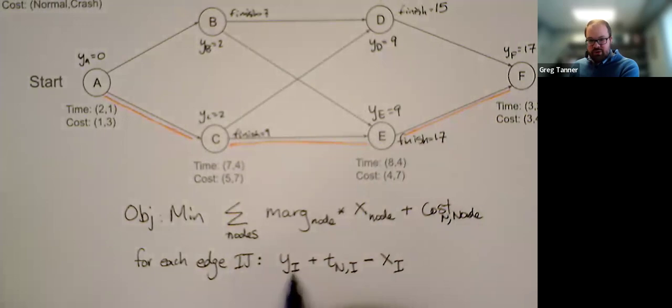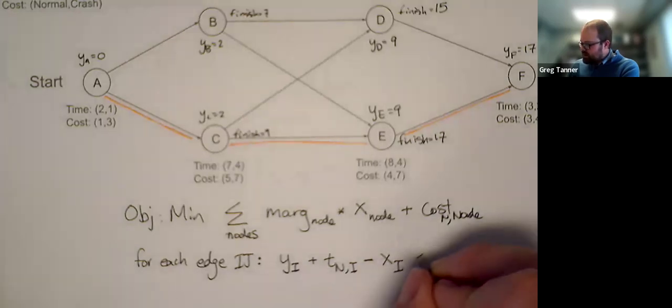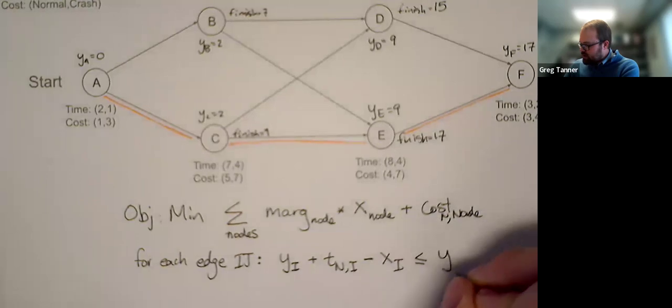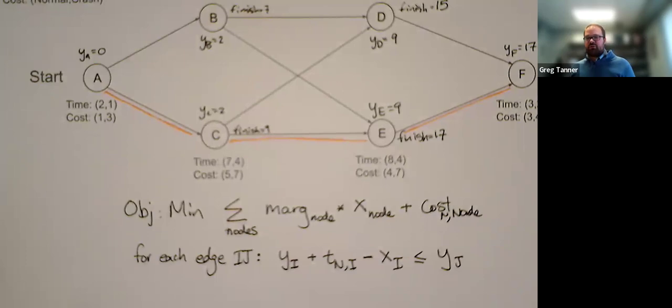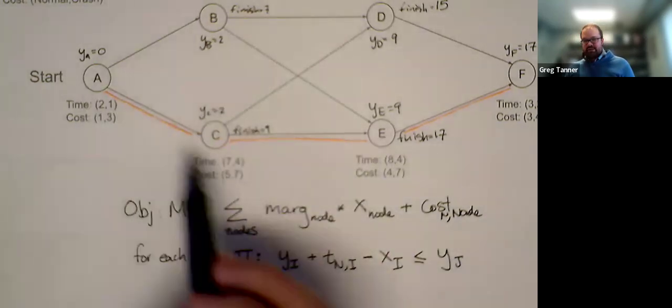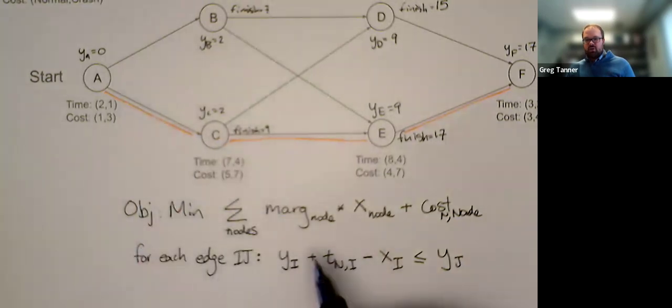So here's when we start, here's how much time it normally takes, and if we subtract off the crashing time, this gives us the time that it actually takes. So start plus actual time gives us when it finishes. This is when activity i finishes, and it has to finish before we can start activity j. So for each of our edges, which represents a precedence relationship, we need to finish the previous activity before we start the next activity.